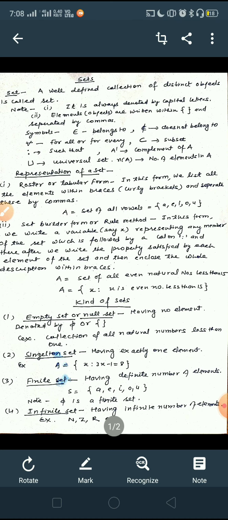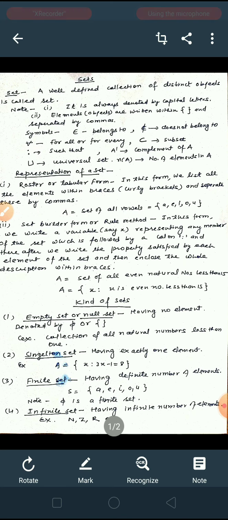Collection of all natural numbers less than 1. Children, as you know, no natural number can be less than 1 because the least natural number is 1. So this condition is not satisfied by any natural number, so there will be no such element, so it is an empty set.